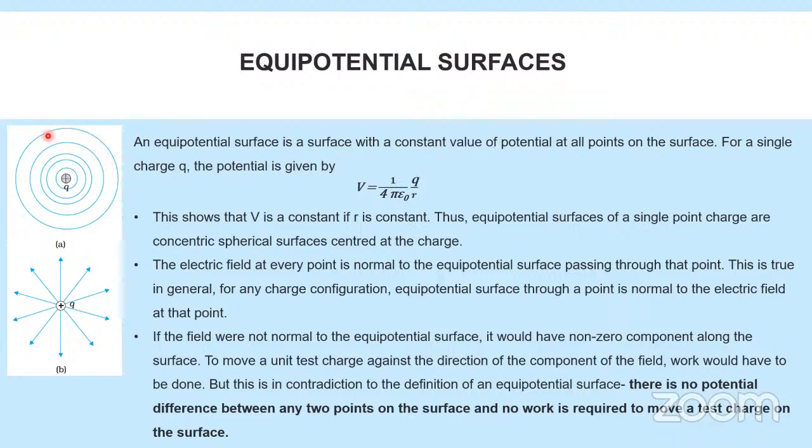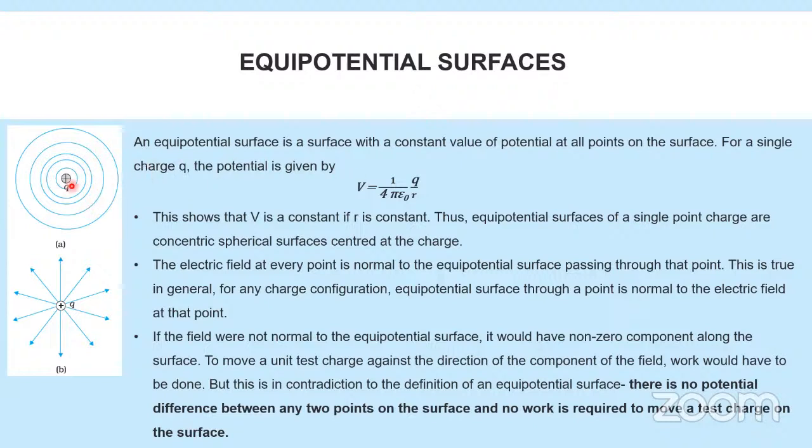Since all the potential values on this surface are equal, that is why it is called an equipotential surface. Similarly, you can see these concentric circles. Maybe the potential value of this surface is different from this surface, and this is also different, but any point on these surfaces will have an equal value of potential.